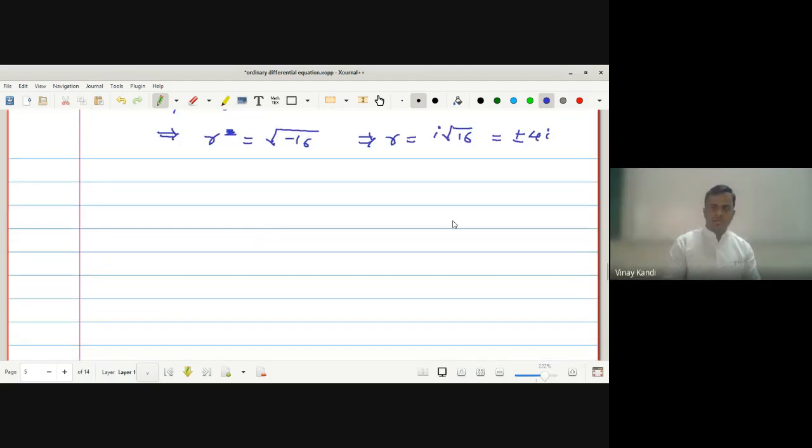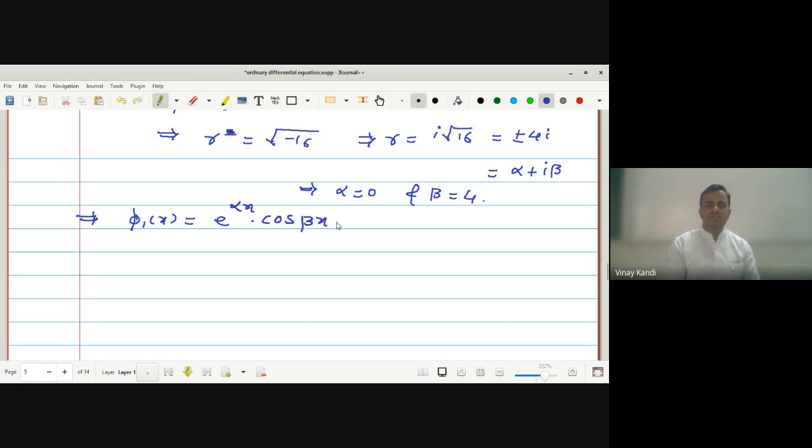Hence, if you don't understand, write it here itself immediately: alpha plus or minus i beta, which implies that alpha is equal to 0 and beta is equal to 4, which implies that phi 1 of x is equal to e raised to alpha x into cos beta x, which is equal to e raised to 0x into cos 4x.